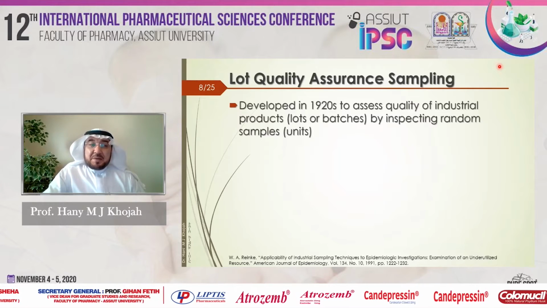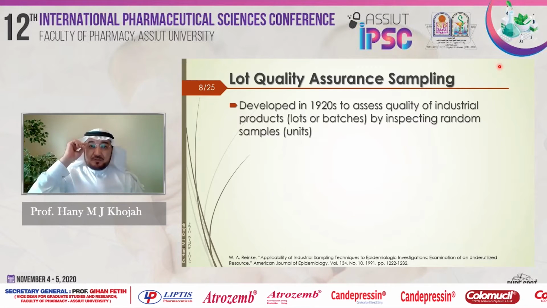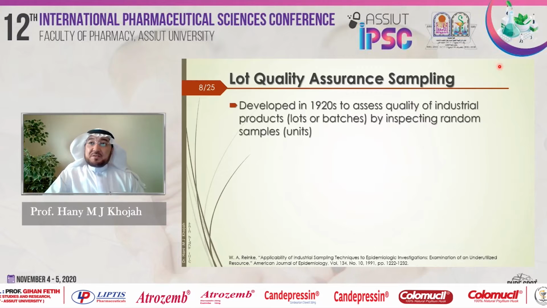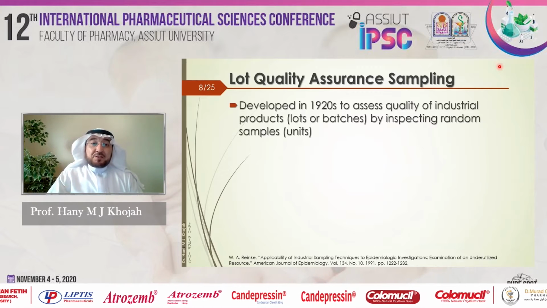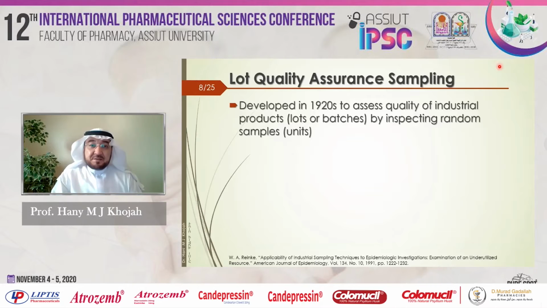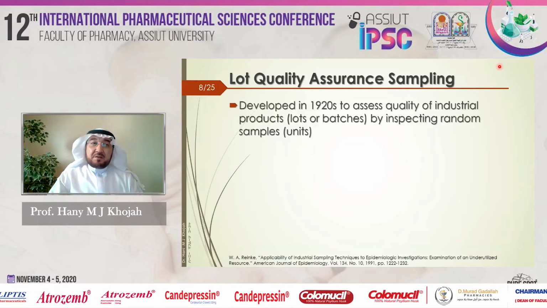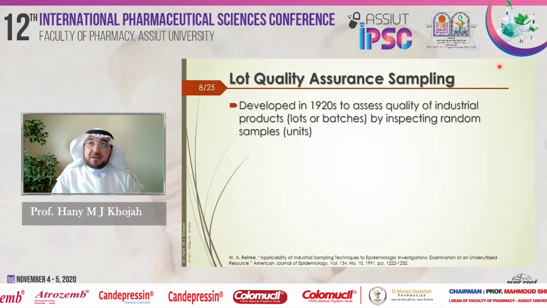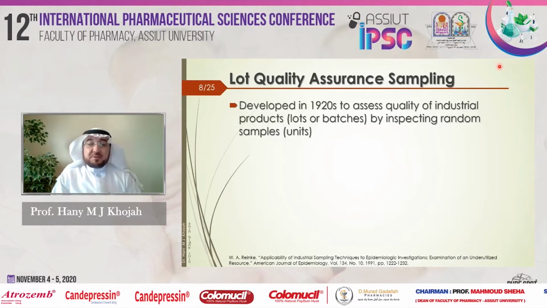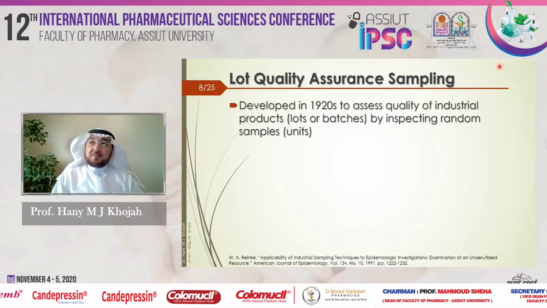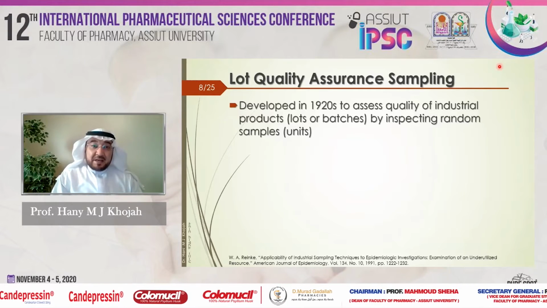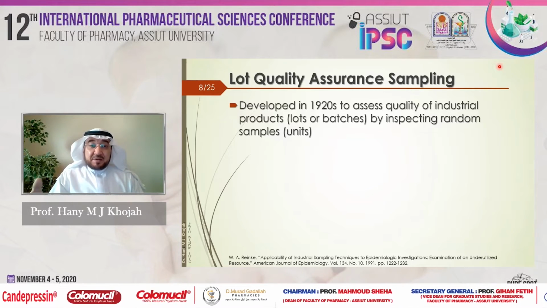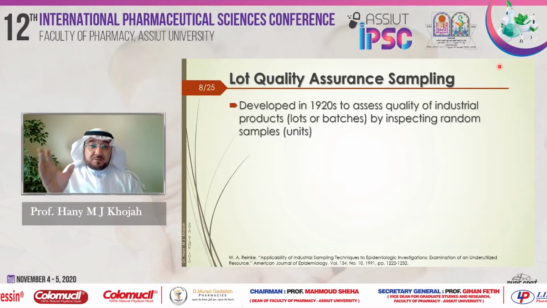Let's imagine anything, glasses, for example. If the manufacturer just finished a lot or a batch of eyeglasses this day, maybe 10,000 glasses, they probably need to check for the quality of the product. So they have to select a random sample, and the sample will undergo quality analysis, quality testing. After that, the manufacturer will decide whether this lot is good for marketing or not.